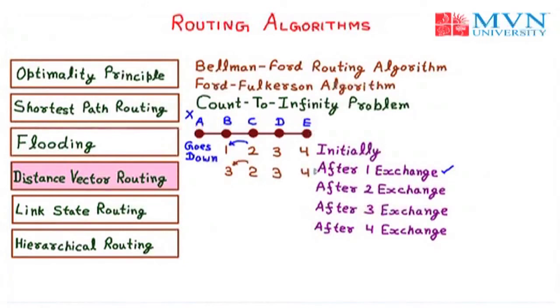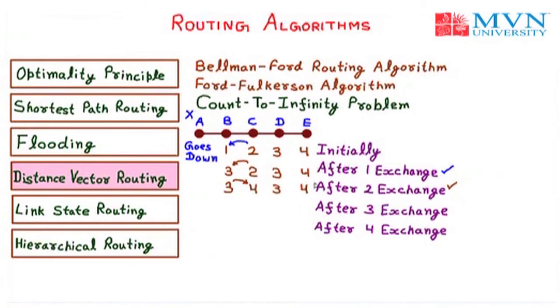Now on the second exchange, C notices that each of its neighbors claims to have a path to A of length 3. So C will update its entry to the next hop, that is 4. The value of B is 3 and the value of C becomes 4, and all the other values remain the same.